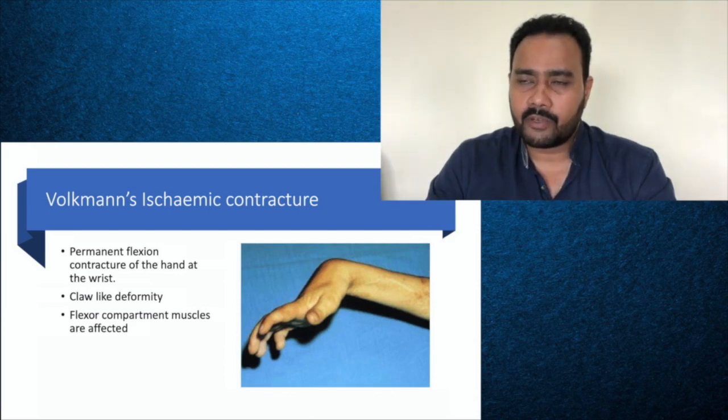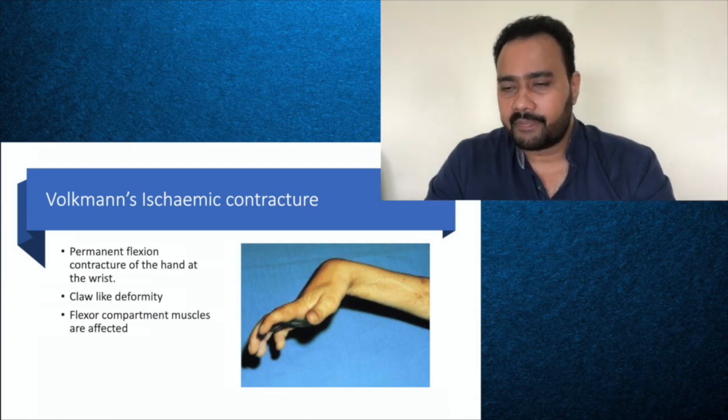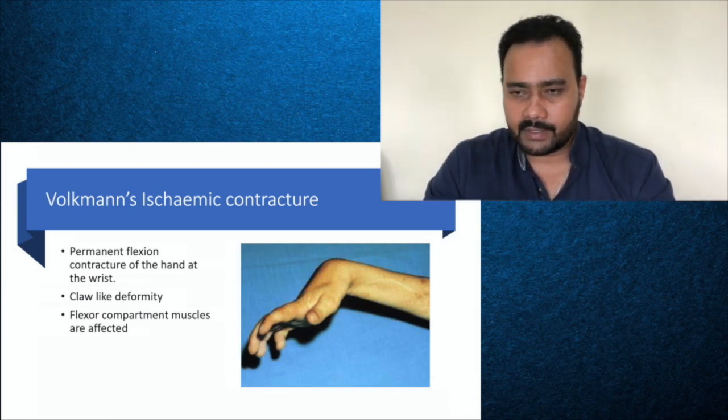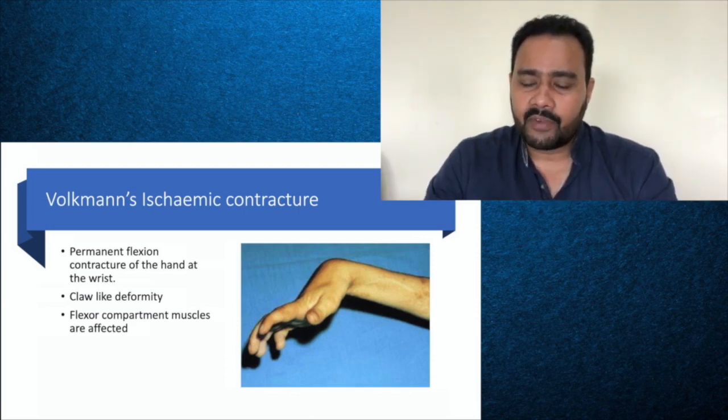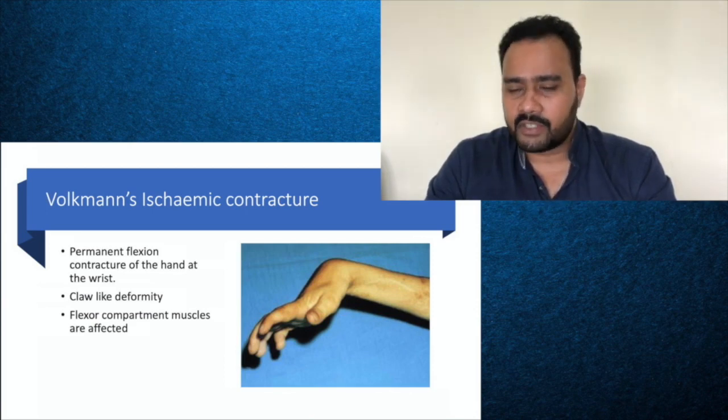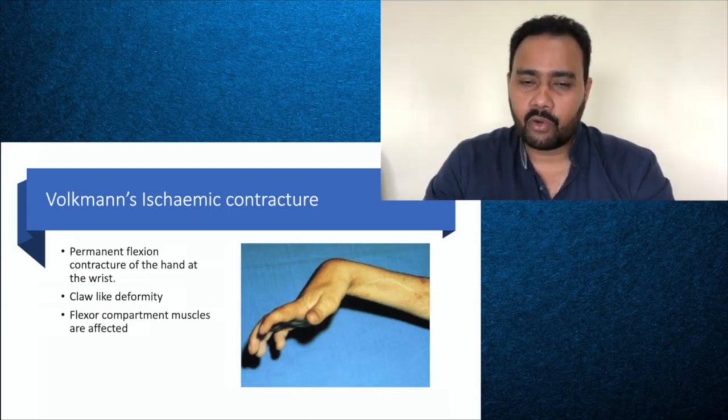Whenever the blood supply to the forearm muscle is very poor, the flexor compartment muscles will be affected. People come with a claw-like deformity because the flexor compartment muscles are replaced by fibrous tissue. They can develop a flexion contracture of the hand and the wrist.